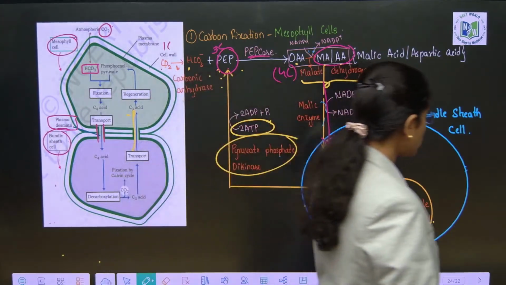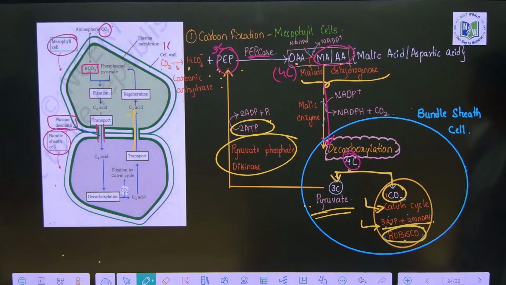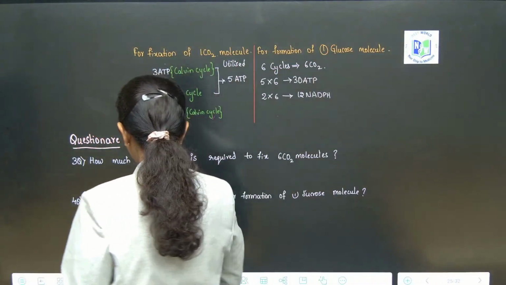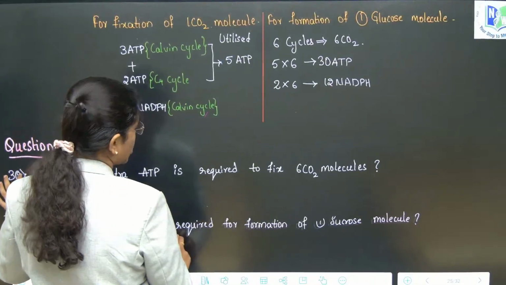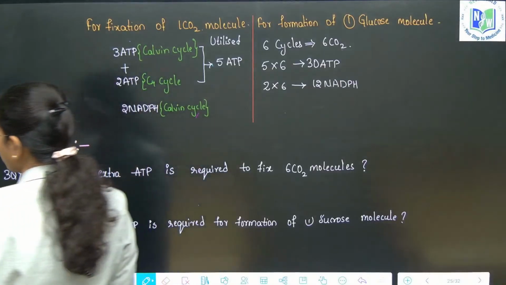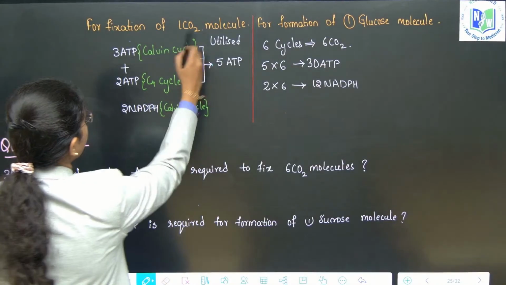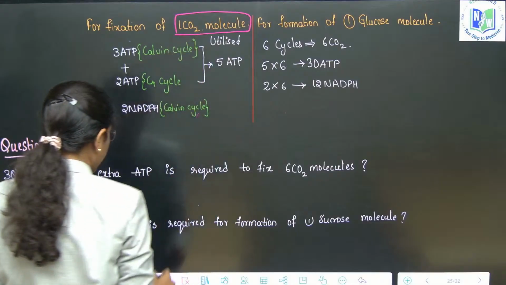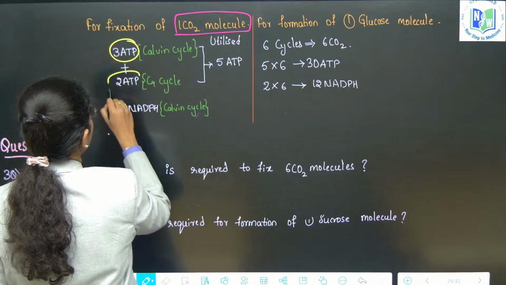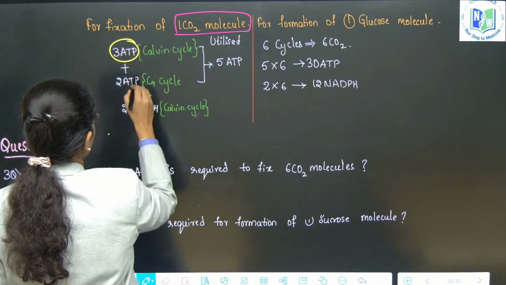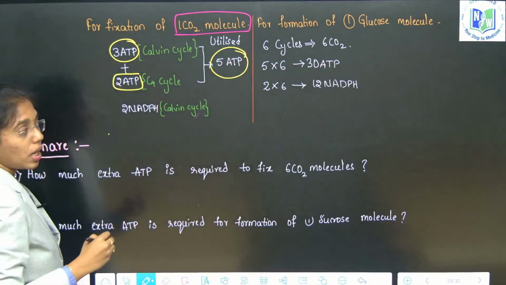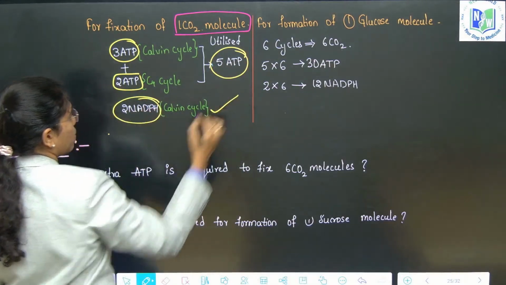If you see the bioenergetics of the C4 cycle, how much energy is required for fixation of 1 carbon dioxide? We require 3 ATP for the Calvin cycle and 2 ATP for the C4 cycle, total 5 ATP are utilized, and 2 NADPH for the Calvin cycle.